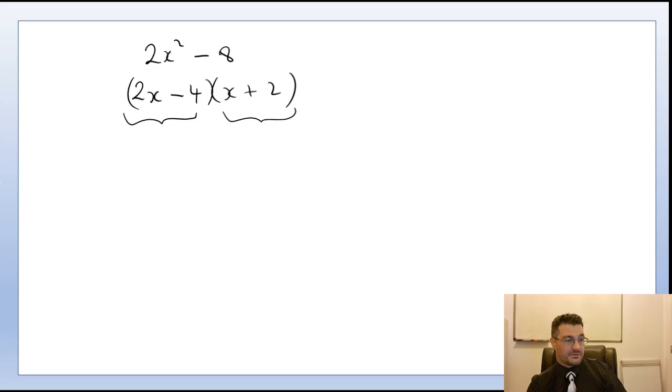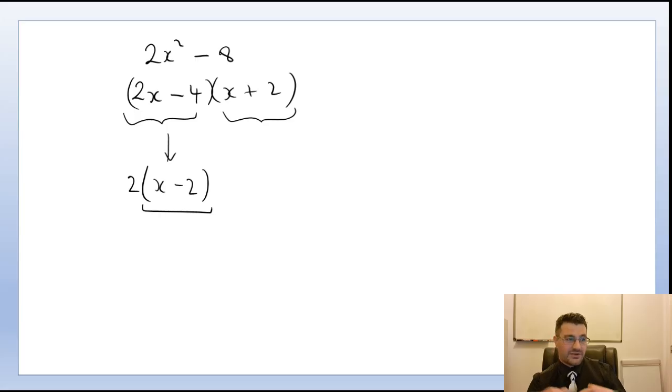But we can take 2 out of this factor as a common factor, and we get x minus 4. Sorry, not x minus 4, x minus 2. So x minus 2 is also a factor, but x minus 2 is just half of 2x minus 4.